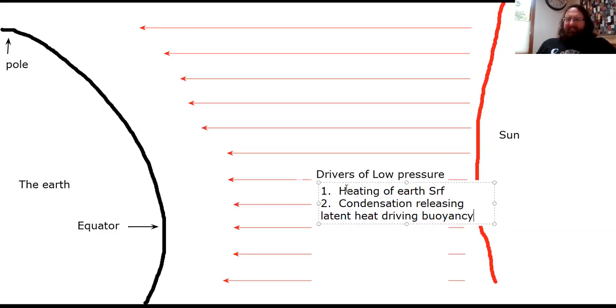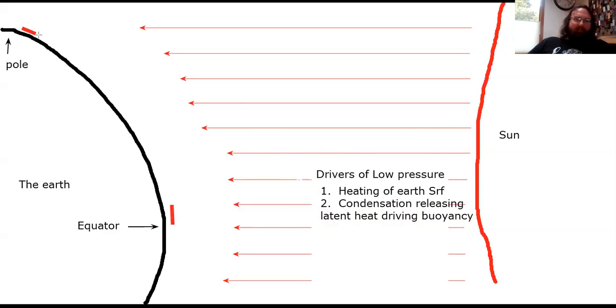For now, let's get started with our model of the world and global wind patterns, because this is going to be the big segment. The first driving factor here is heating of the Earth's surface, which should hopefully be fairly obvious. At the equator, you have these rays from the sun. If they were evenly spaced, they are a lot more concentrated at the equator than they are at the polar regions.